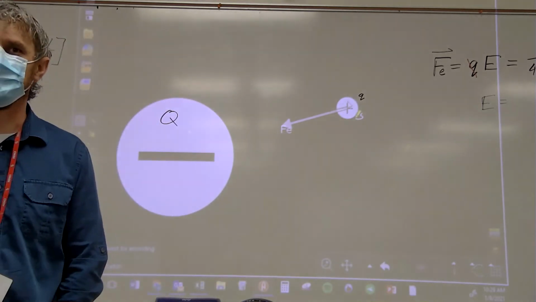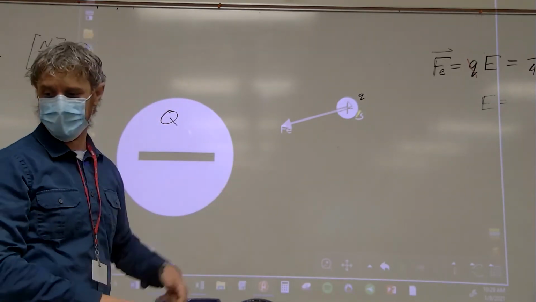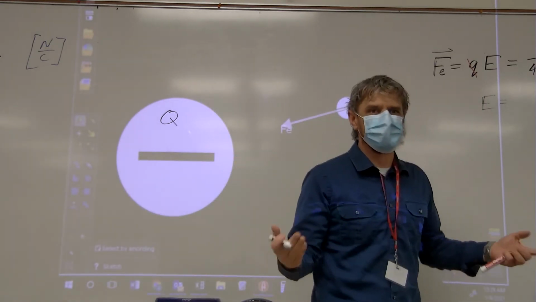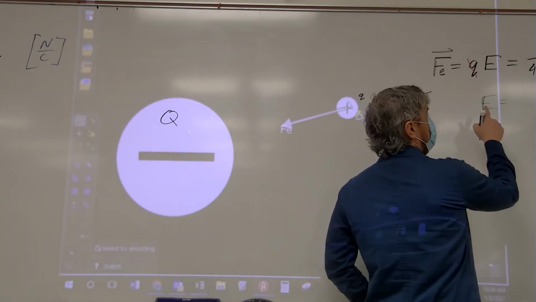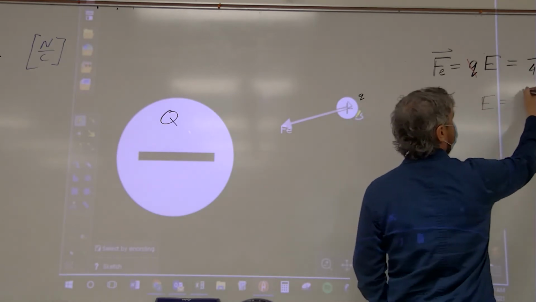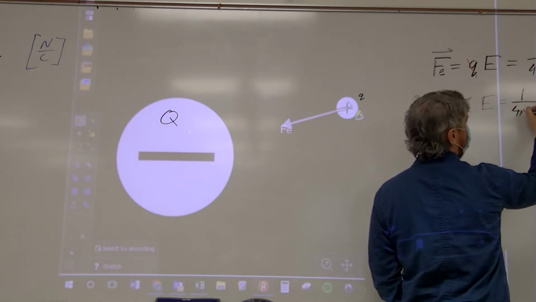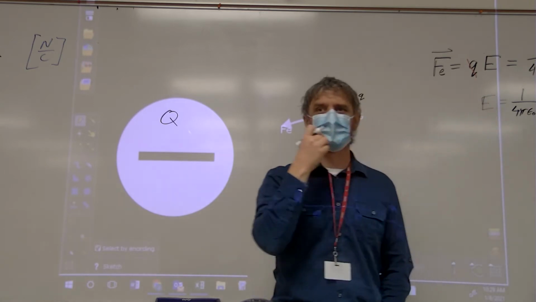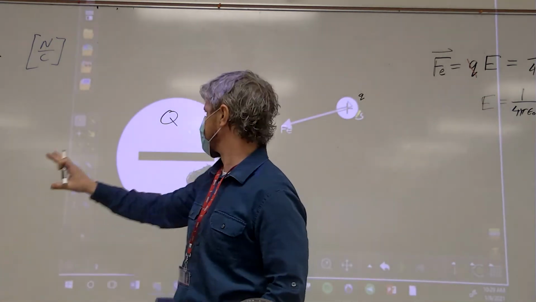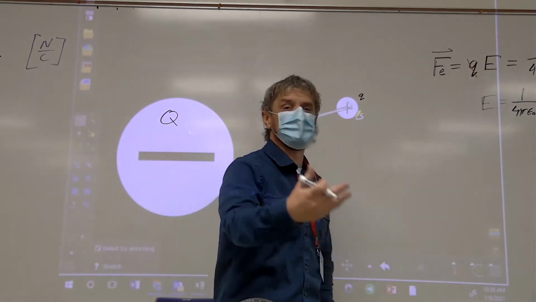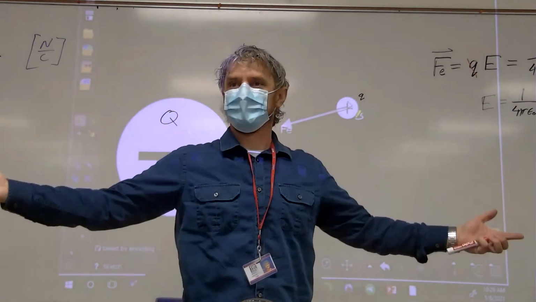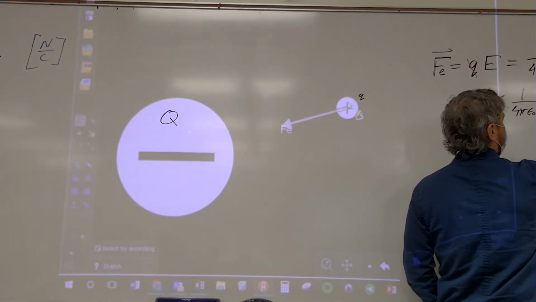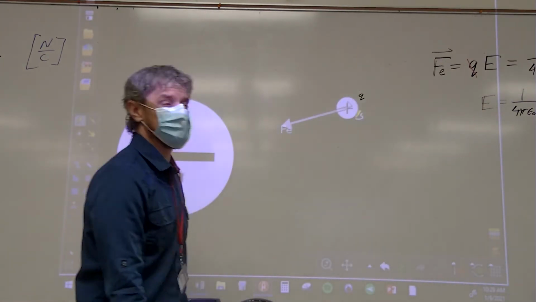is now able to be calculated without actually having a charge there. Right? If I delete that charge, which I'll do in a second, the field still exists, but the charge isn't there anymore. But I can calculate the field by just taking Coulomb's constant, multiplying it by the amount of charge that's creating the field, right? That's this guy's charge. In the case of the gravitational field, it's times the mass of the large object, the Earth, divided by your distance from that object squared, from that charge squared.